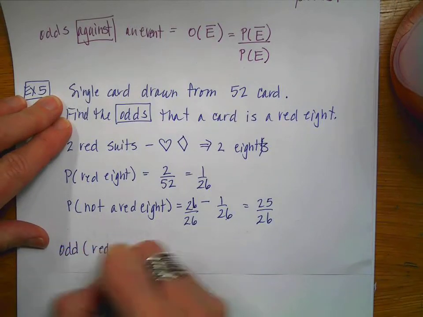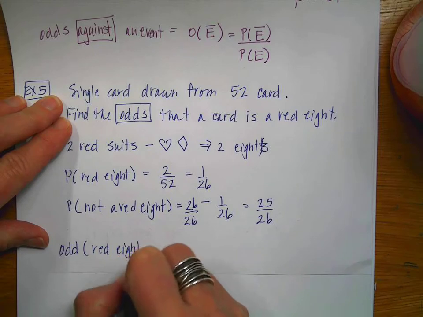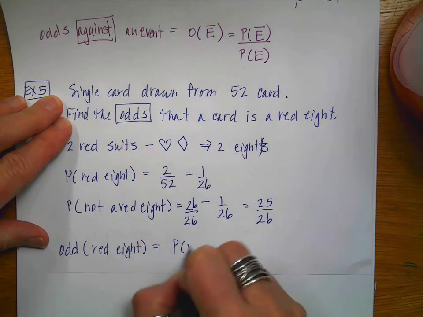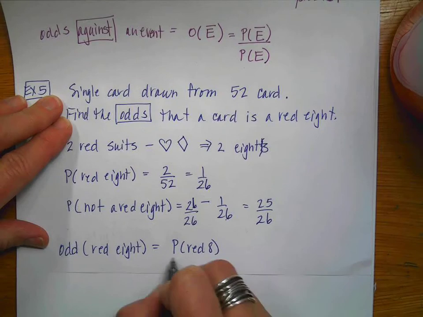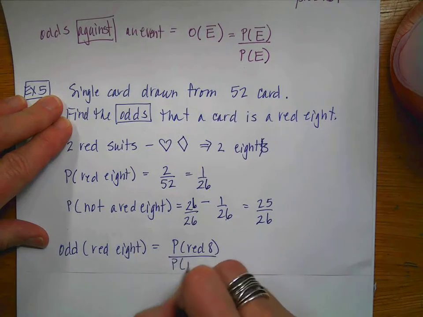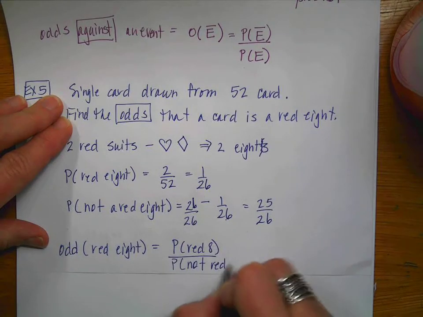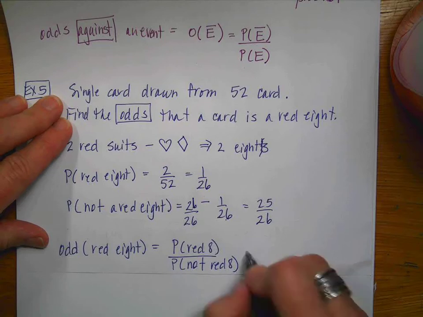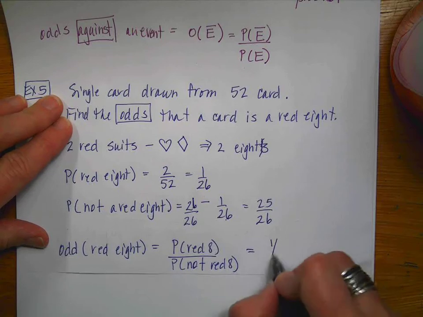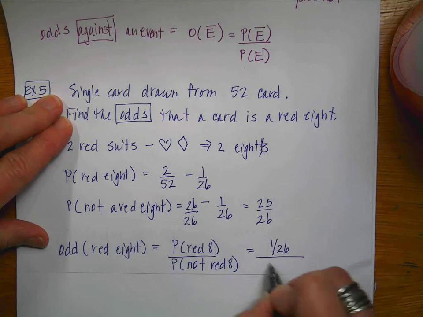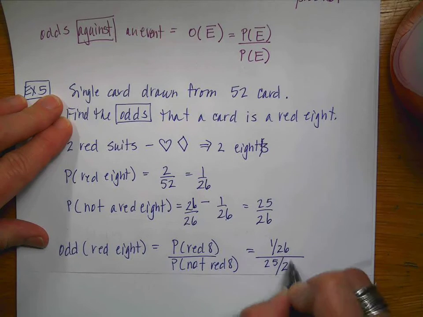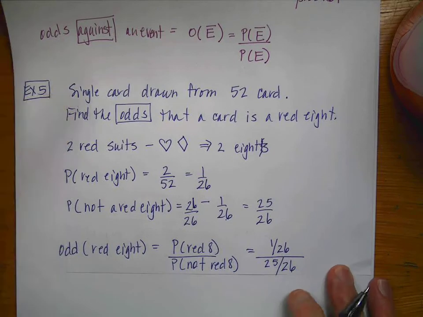Okay, so then my odds that I'm going to get a red 8 is going to be the probability of the red 8 divided by the probability of not a red 8. Okay, so this is going to be the 1 over 26 divided by the 25 over 26.